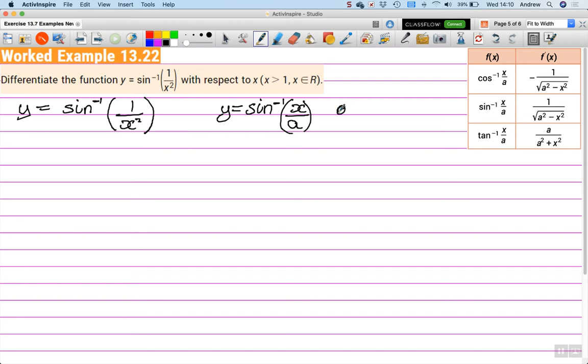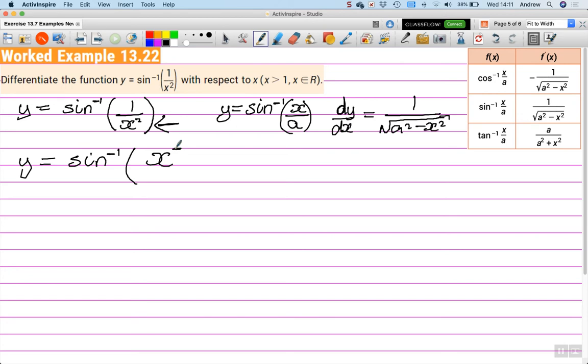And when we apply that formula, the dy dx will be equal to 1 over the square root of a squared minus x squared. So the problem is that x is in the wrong place. And so we know from previous work in calculus on differentiation that if the x or x squared or x cubed is in the wrong place, we can bring it to the top.